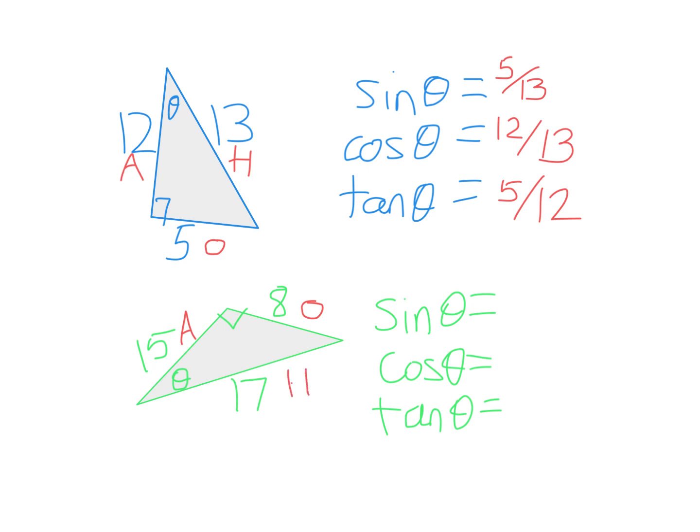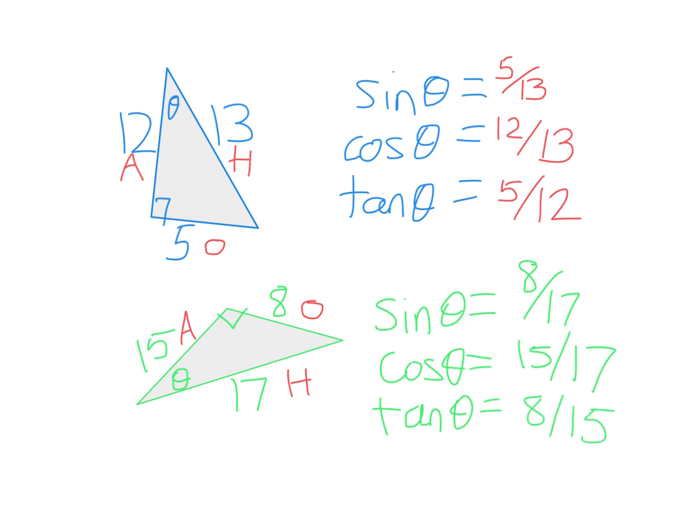And 17, the longest side, always the side facing the right angle, is the hypotenuse. So in this triangle, sine theta, opposite over hypotenuse, is 8 over 17. Cos theta, adjacent over hypotenuse, is 15 over 17. And tan theta, opposite over adjacent, is 8 over 15.